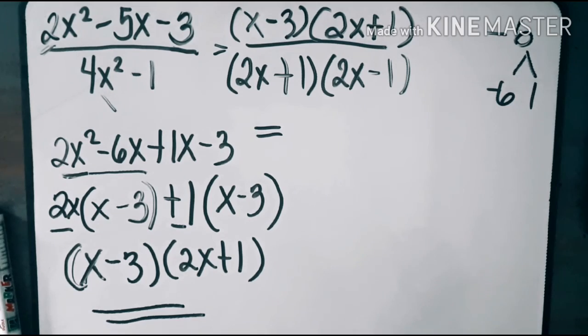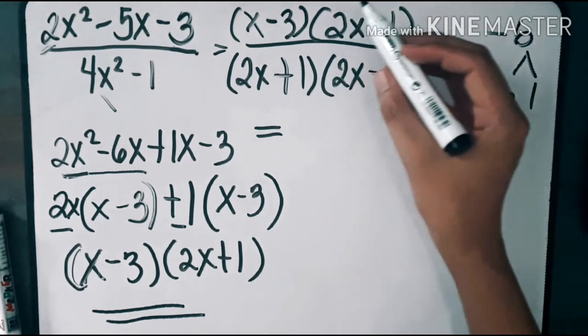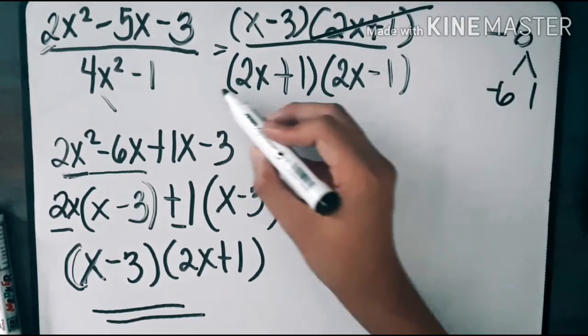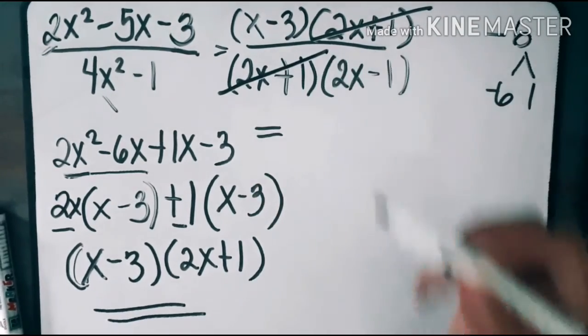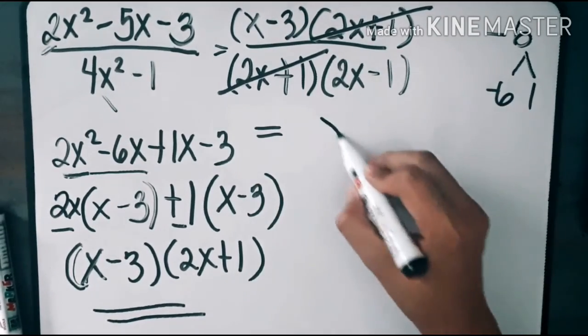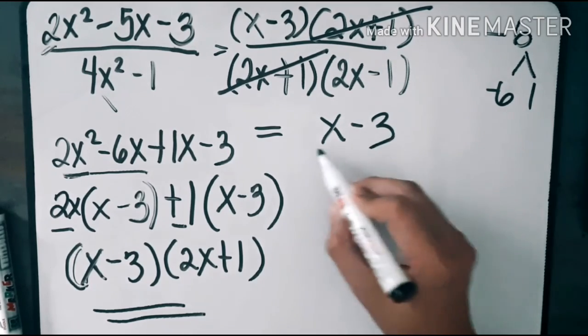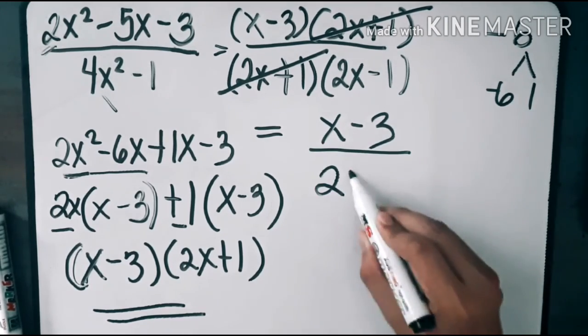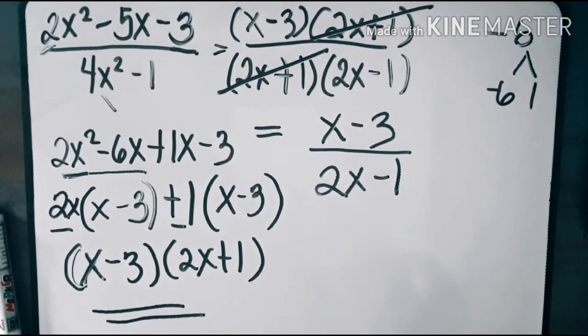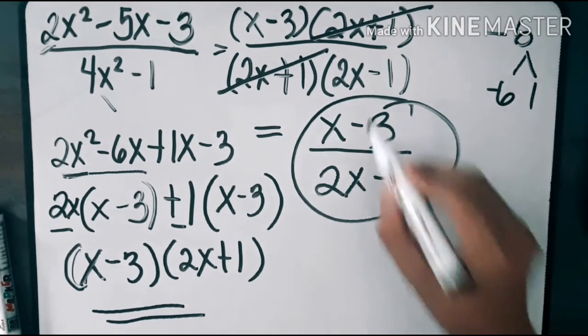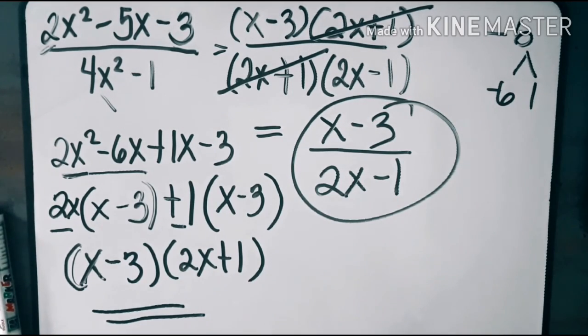Next is cancellation. We can cancel out yung 2x plus 1 sa numerator and denominator. So, ang matitira na lang is x minus 3 over 2x minus 1. Ito yung final answer. Okay?